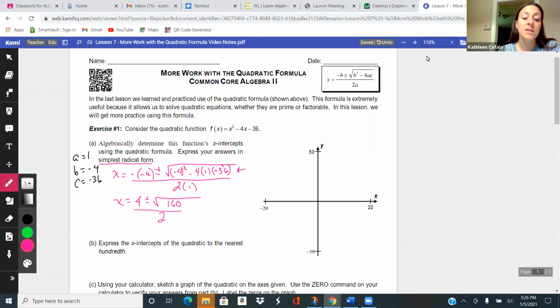Okay, so now we need to simplify this, and we need to express this in simplest radical form, meaning I need to split this 160 up into 2 smaller radicals where one is a perfect square. So I can split 160 up into 16 and 10.